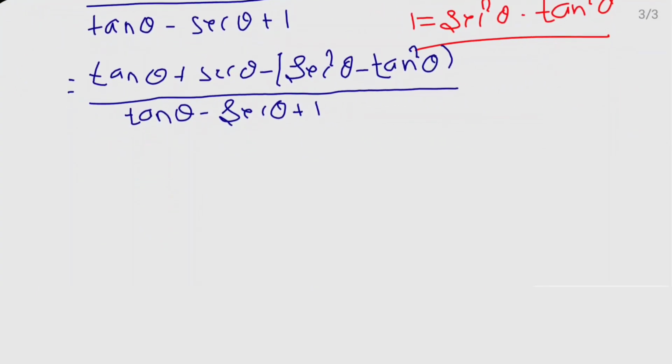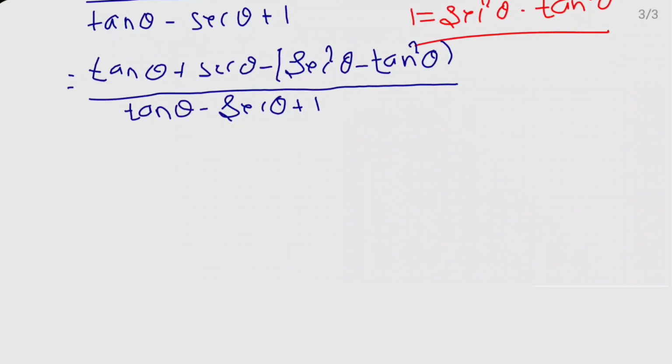And in the next step, tan theta plus sec theta minus in a bracket. So look here is sec square theta minus tan square theta. It is in the form of a square minus b square. So we know the expanded form of a square minus b square, that is (a minus b) and (a plus b).